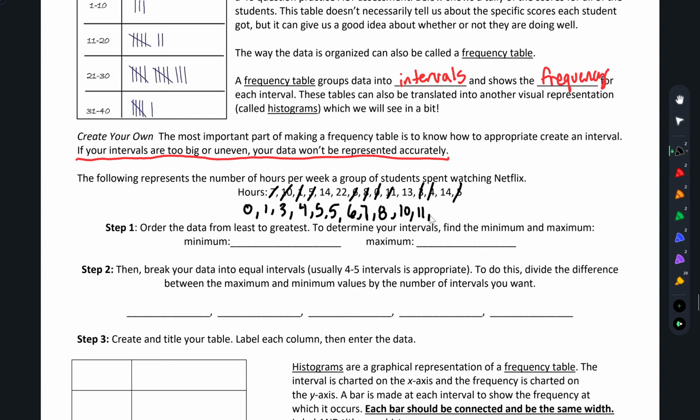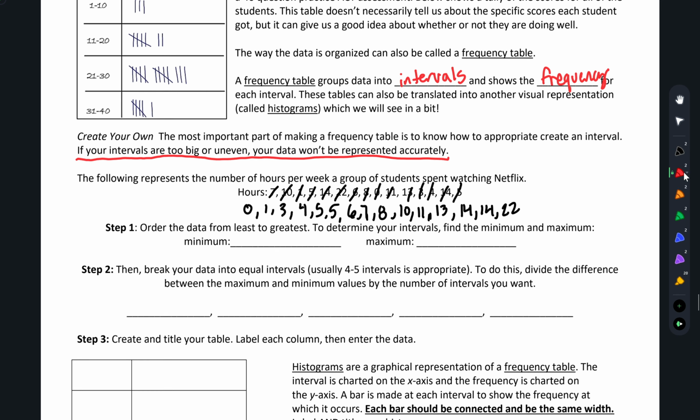We are ordering our data right now. Double check, make sure you ended up with the same amount that you started with. So I started with 15. I should have 15 now in order, which I do. We're good to go there. Everybody got your data in order?